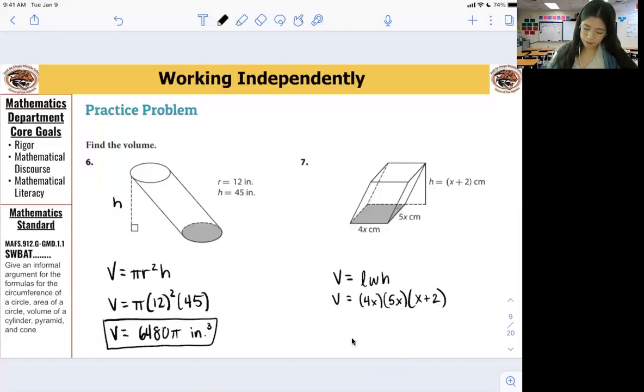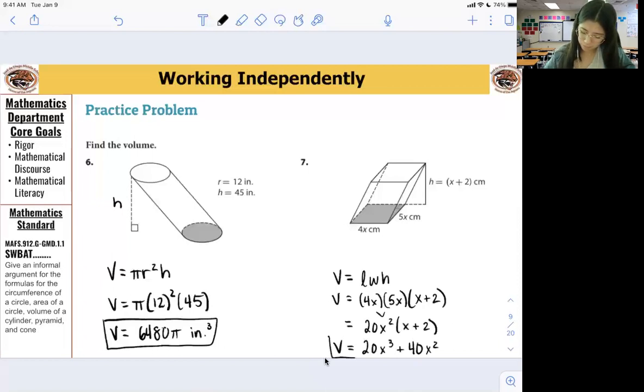There you go, yeah. Let's do 4x times 5x. What does that give me? 20x squared. Now I can distribute that. And what do I end up with? 20x cubed plus 40. You're missing a small piece. There you go, x squared.